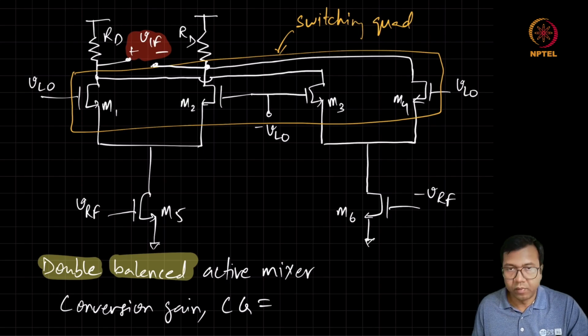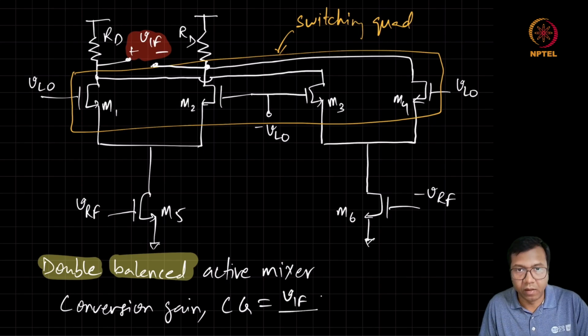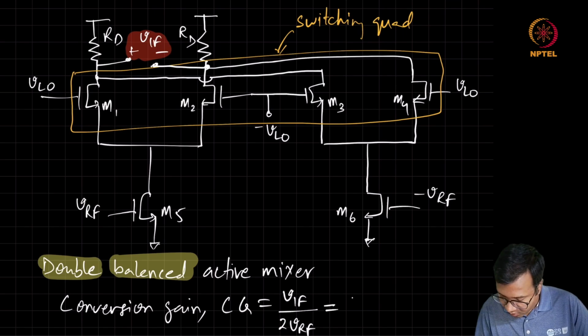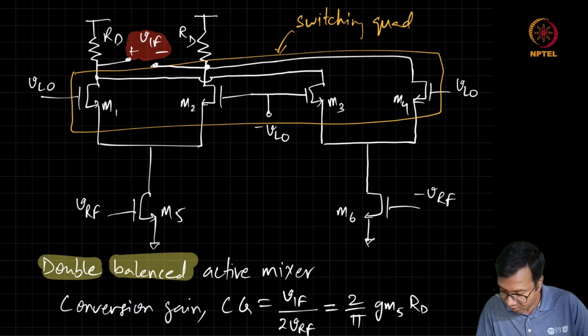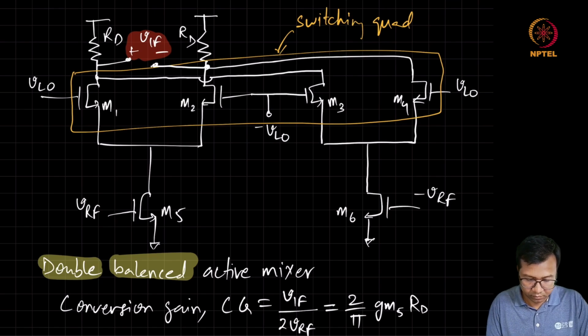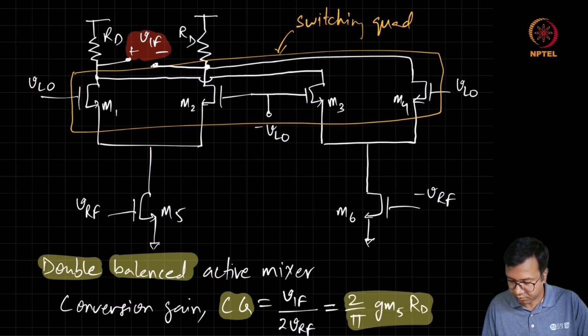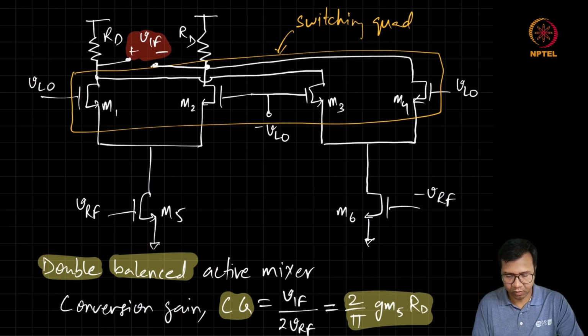And if we take this ratio, VIF divided by the differential input, which is 2 VRF, it is going to be equal to 2 by pi GM5 RD. So this conversion gain is similar to what we got for the single balanced case.